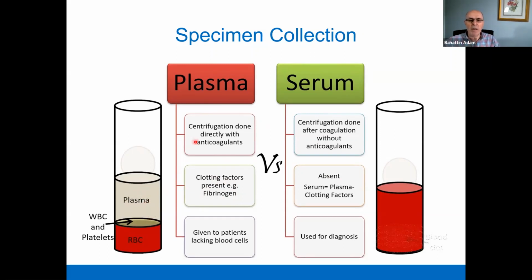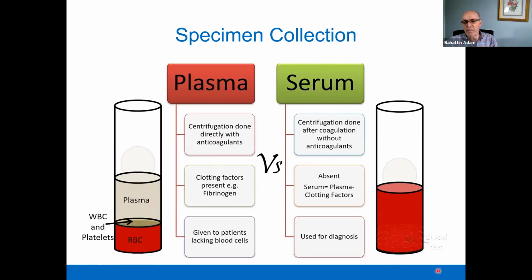Once you centrifuge the anticoagulated patient blood, it will separate into two parts, plasma and red blood cells and platelets.